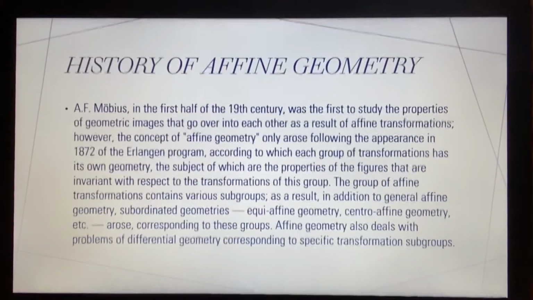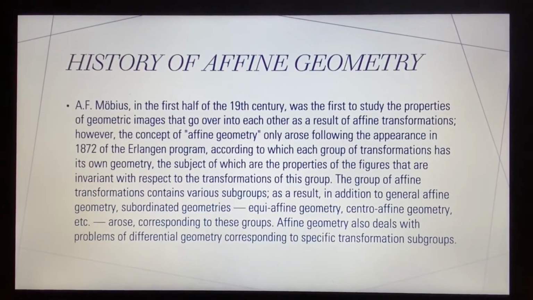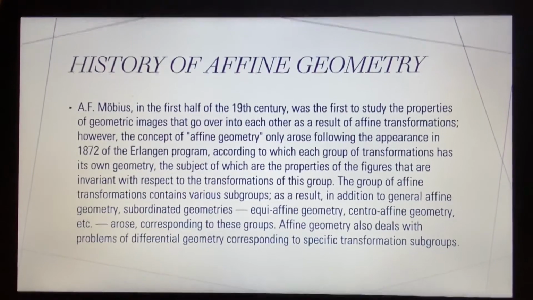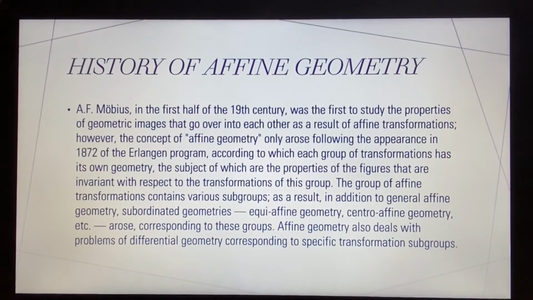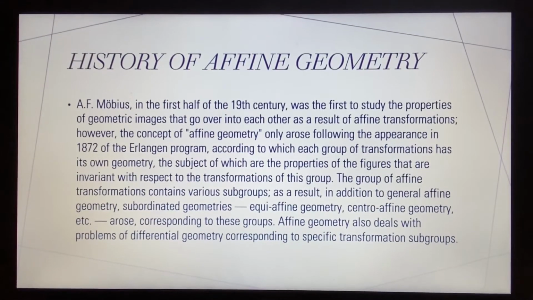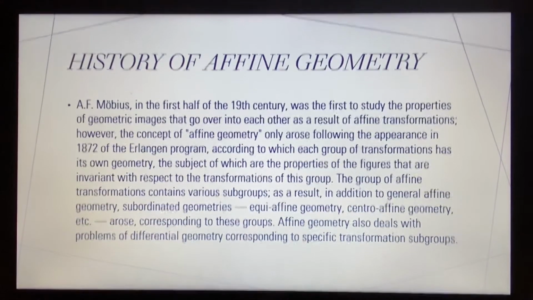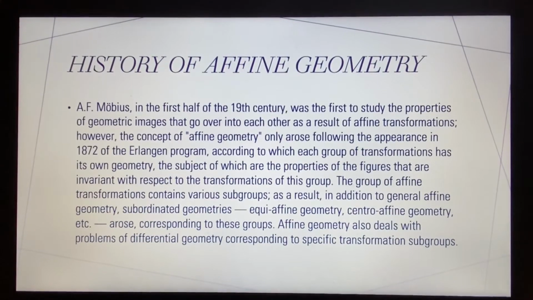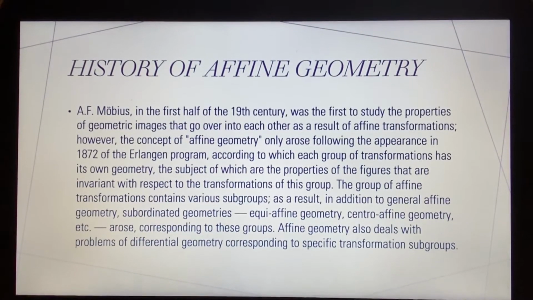And then we have the history of affine geometry. A.F. Möbius, in the first half of the 19th century, was the first to study the properties of geometric images that go over into each other as a result of affine transformations.